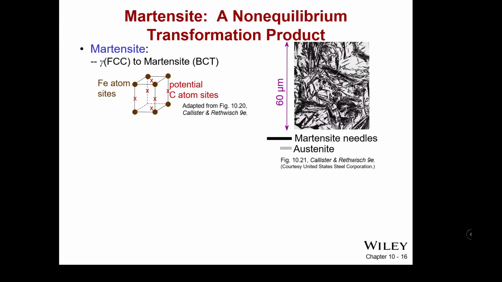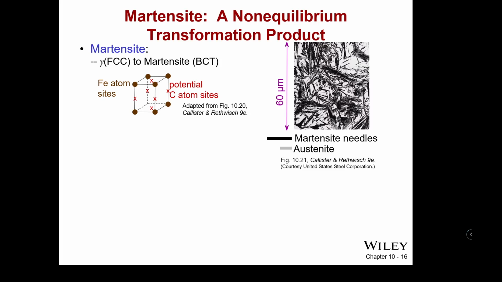So we can also start seeing martensite, and this is a really important material. This is a non-equilibrium transformation product. The austenite phase is face-centered cubic. Martensite is body-centered, but it's tetragonal.